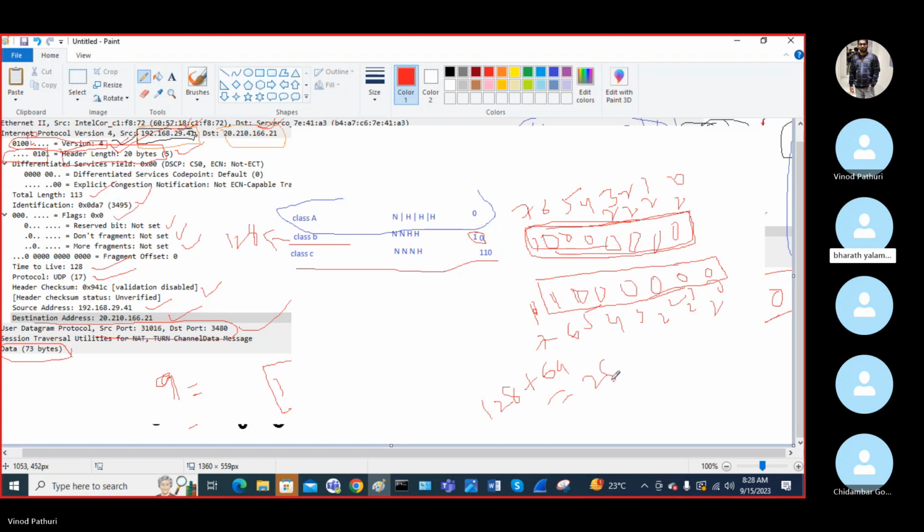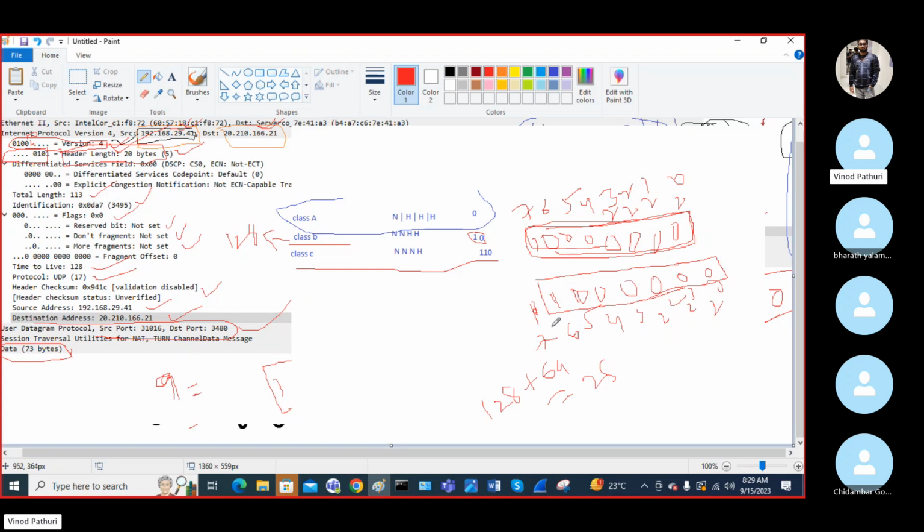Just remember, in an octet we have only 8 bits. So what is the maximum value? 2 power 8 is 256. So we cannot go more than 256.